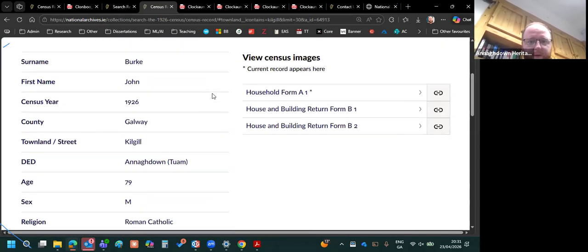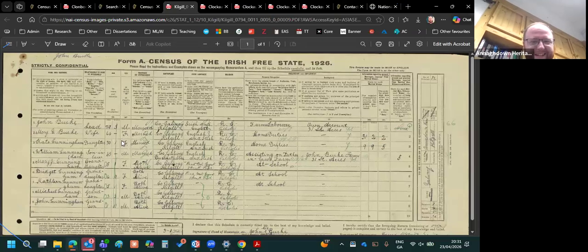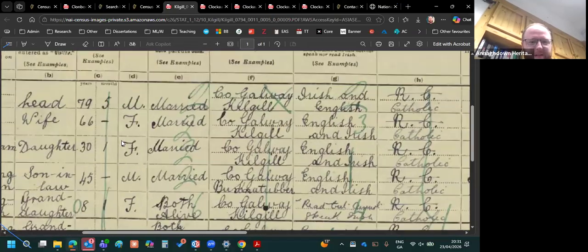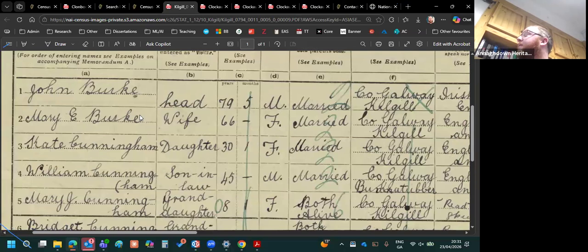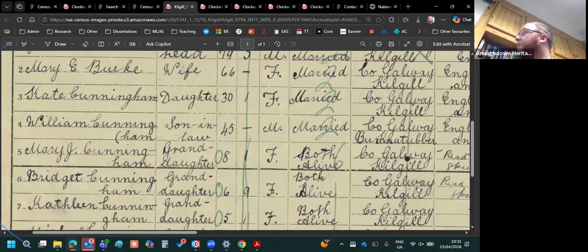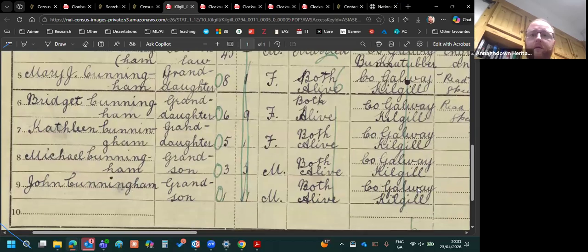So look at Burks and Cunninghams, if you don't mind. So we have John and Mary Ellen. They're both listed as born in Kilgill, but she was actually born in Monroe. So that is not correct. But William Cunningham was born in Bunnatubber, and that is entered correctly. And the rest of the household were born in Kilgill.